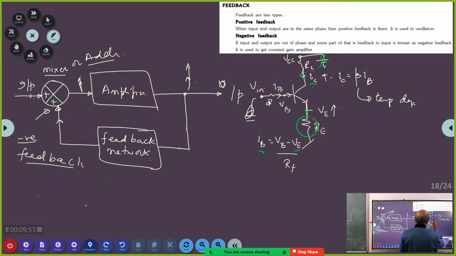Now you see, I will tap the output from here. I will call it VO1, and I will tap the output from here, I will call it VO2. Hello, are you with me? Now, if I tell you that the input impedance seen from here is Ri, now tell me, what is VO1 equal to?